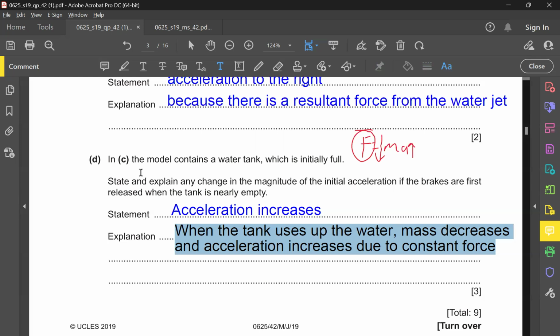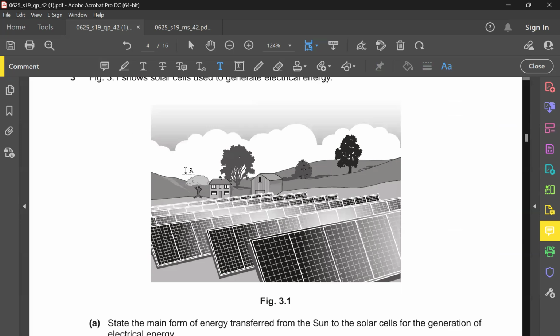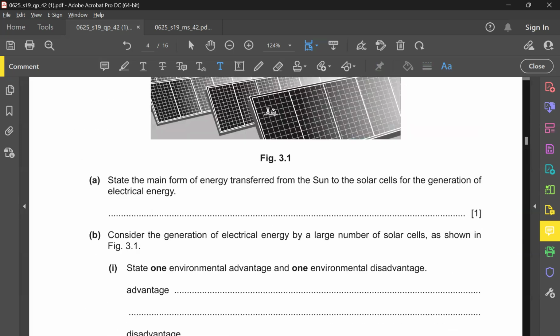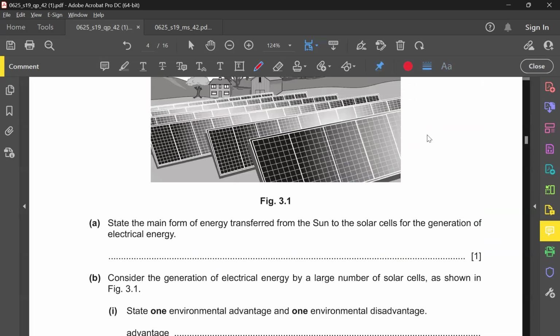Disadvantage of solar panel manufacture? No, not specific enough. Expensive to build. Yeah, high initial cost.